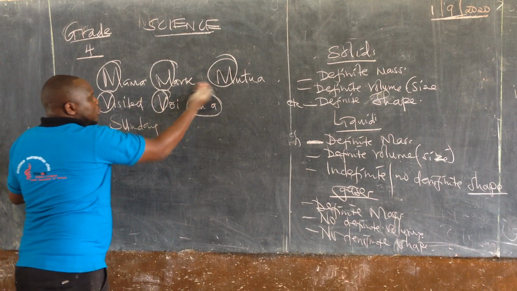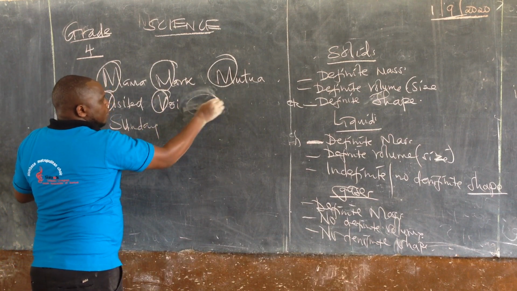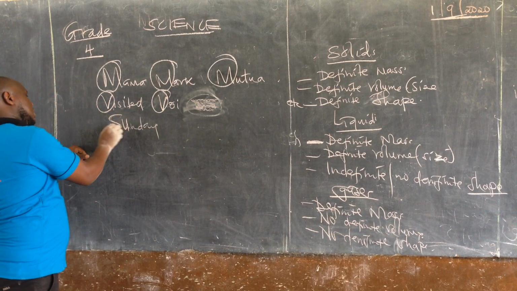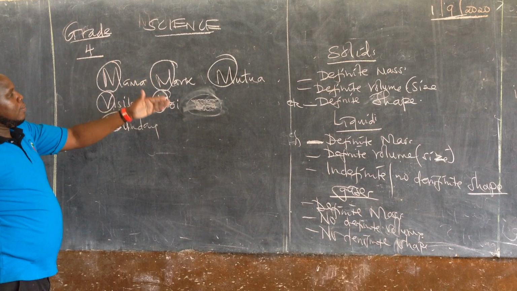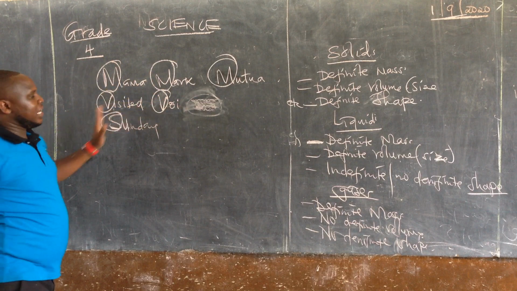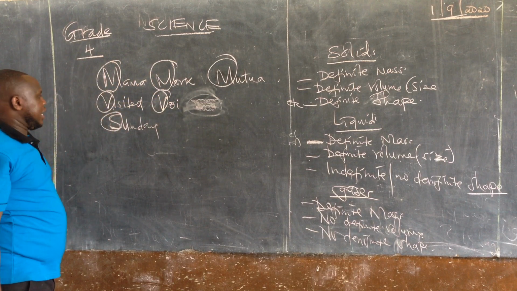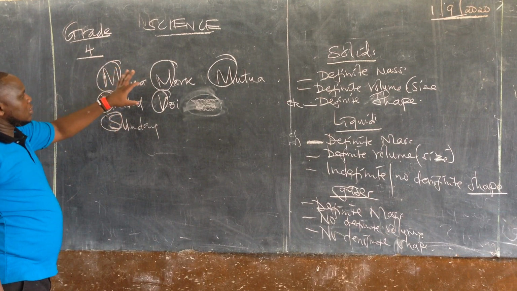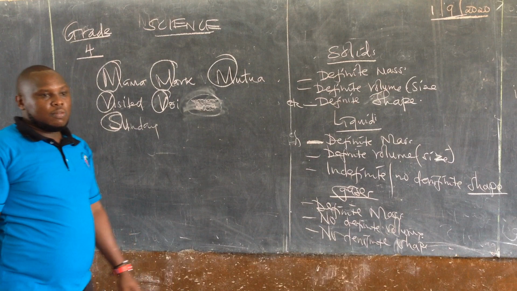So long as you know this, Mama Mark Mutua visited Boy on a Sunday, that on a Sunday, let it remain in your head and don't write it here. I'm interested in these first letters of my words.